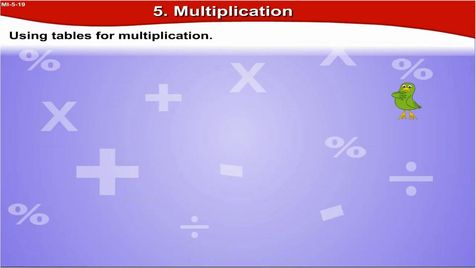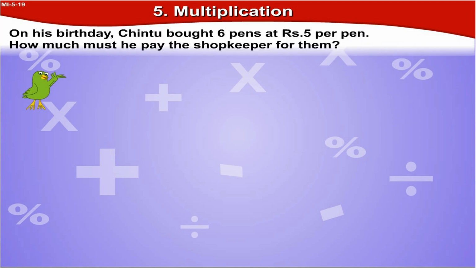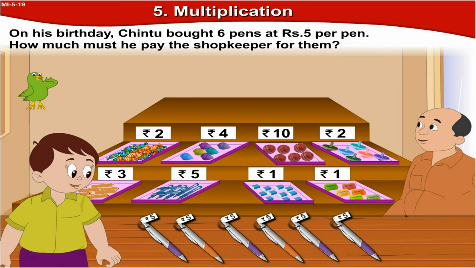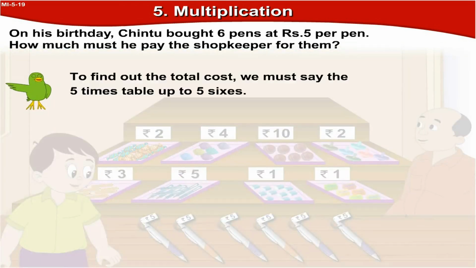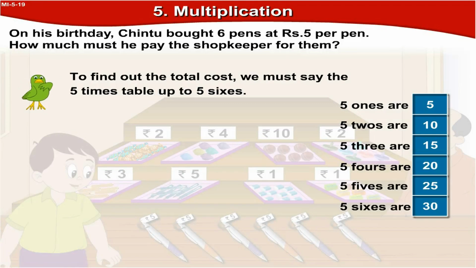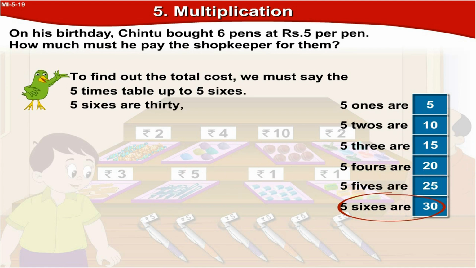Using tables for multiplication. On his birthday, Chintu bought 6 pens at rupees 5 per pen. How much must he pay the shopkeeper for them? To find out the total cost, we must say the 5 times table up to 5 sixes. 5 sixes are 30.